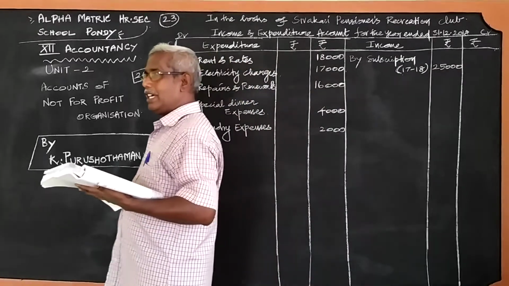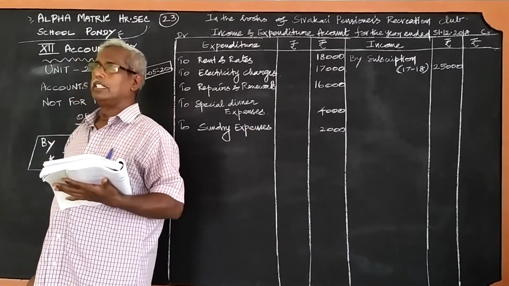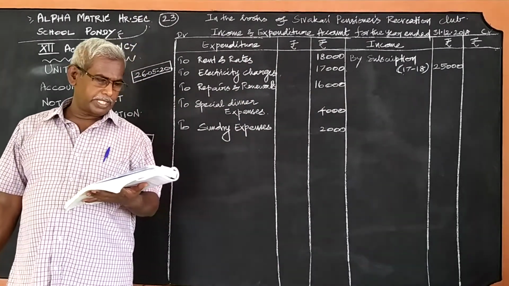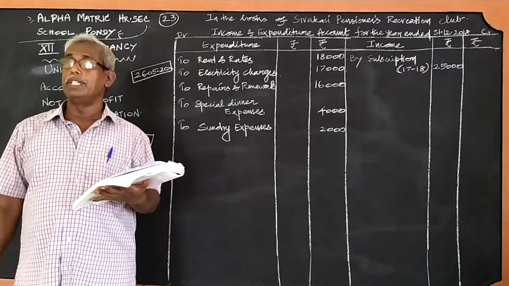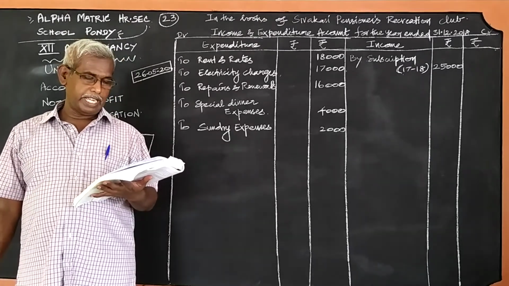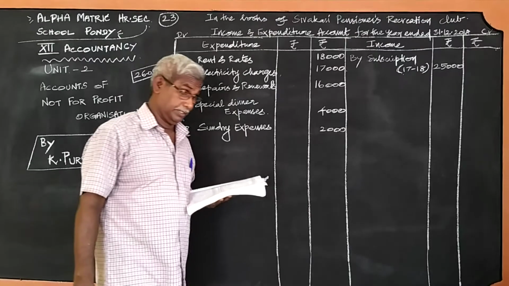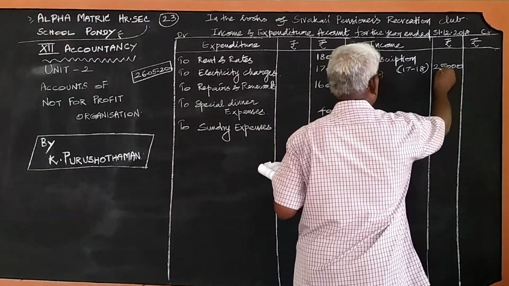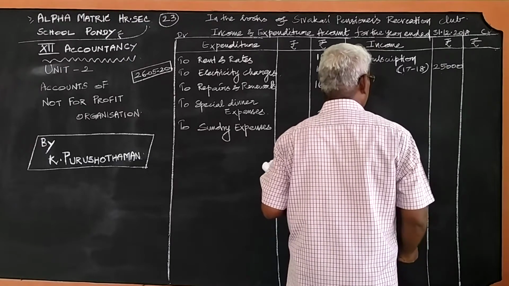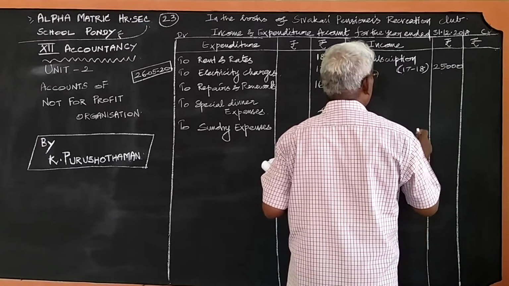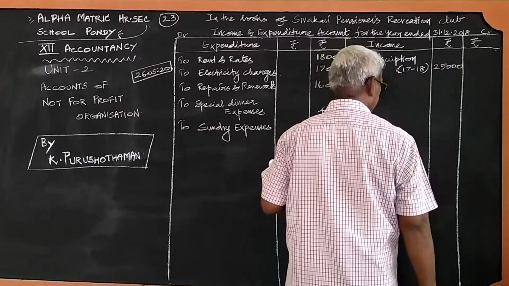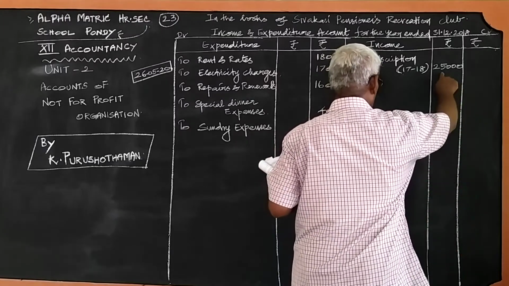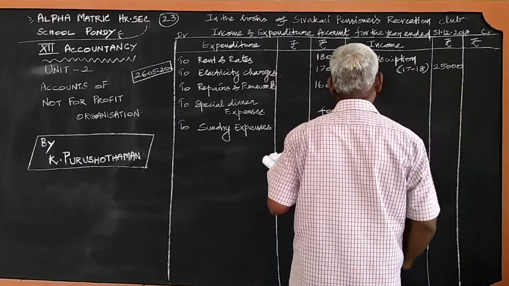But what is given under additional information? The club had 300 members, each paying 100 as annual subscription. But only 25,000 has been paid. 100 into 300, 30,000 should have been paid, but only 25,000 has been paid.